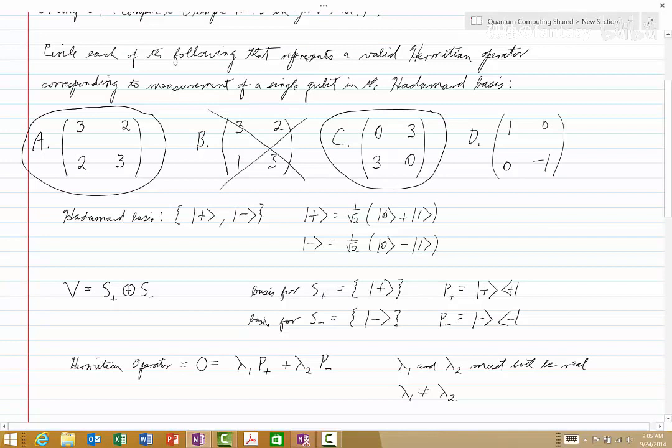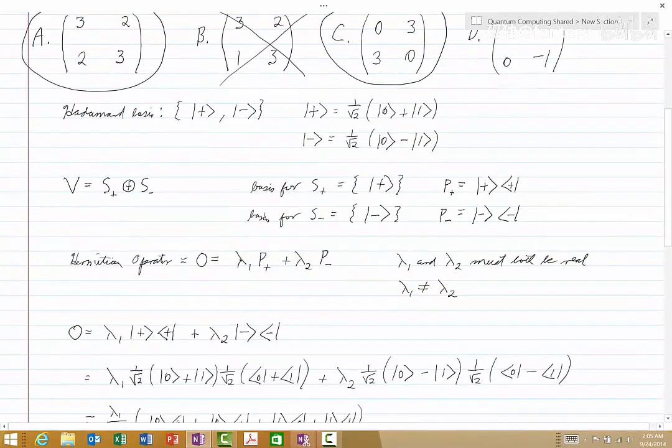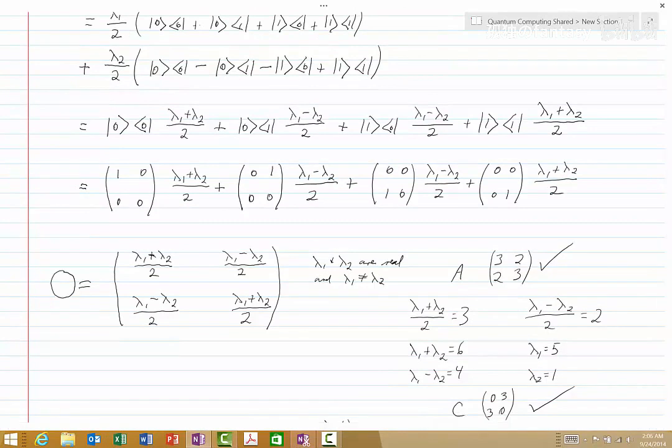Now what about D? Well, D is a Hermitian matrix, so we can't eliminate it on the basis of being non-Hermitian. But notice that the diagonal terms here are 1 and negative 1, and when we're looking at a Hermitian operator corresponding to the Hadamard basis, we found that the diagonal elements must be equal to each other.